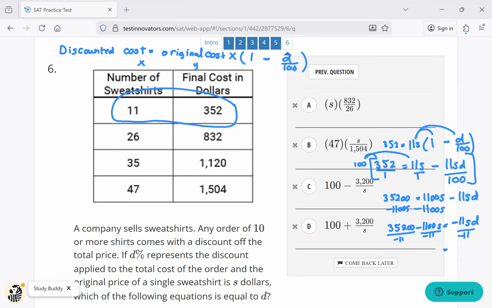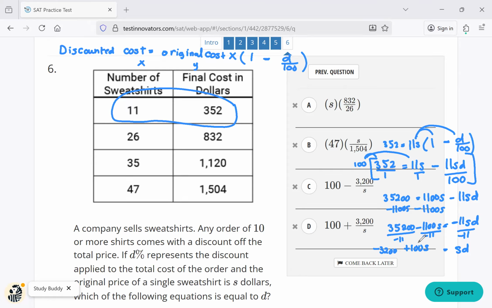So 35,200 divided by negative 11 is negative 3,200. Negative 1100S divided by negative 11 is 100S.